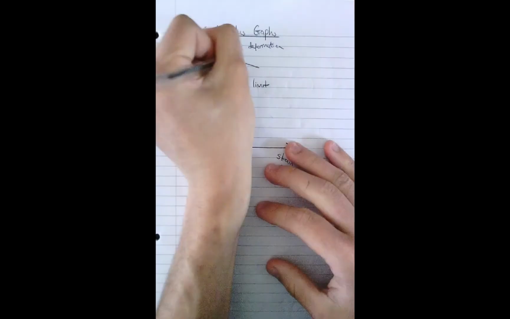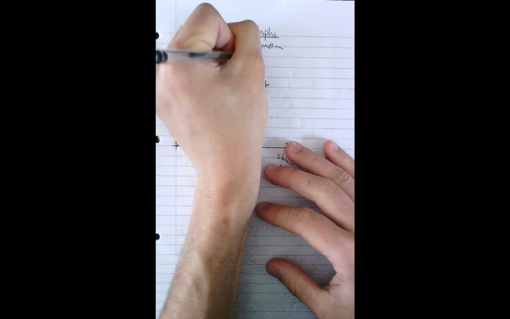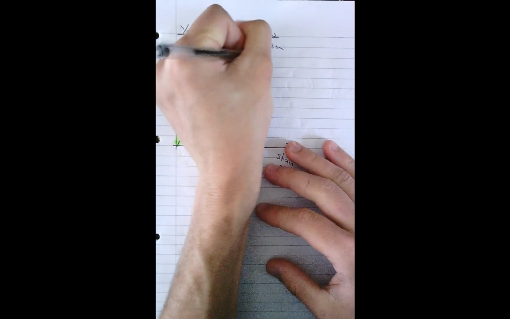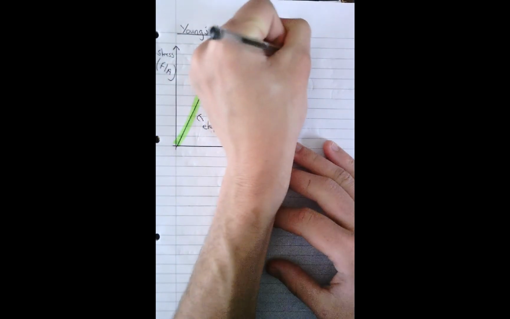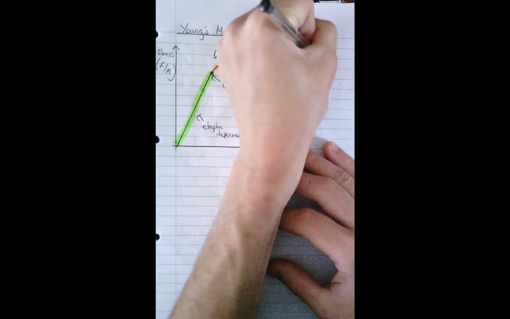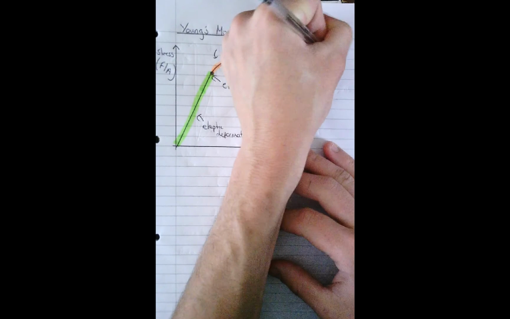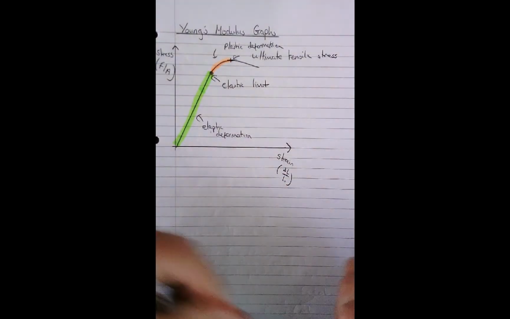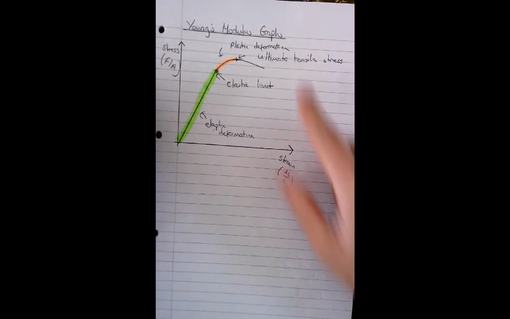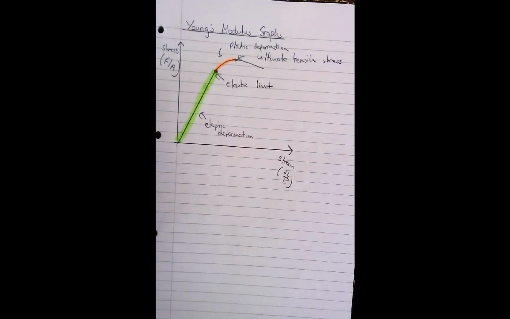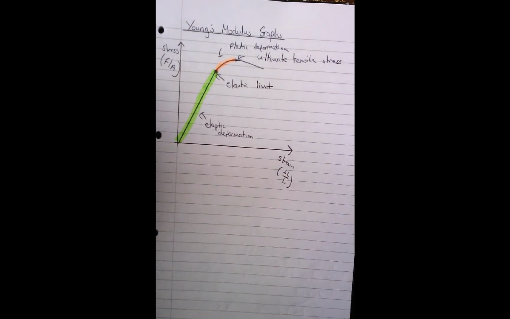Now, this is given a name, and it's given the name the ultimate tensile stress, beyond which the material is effectively going to break. So that ultimate tensile stress is an important quantity for different materials that you're using.